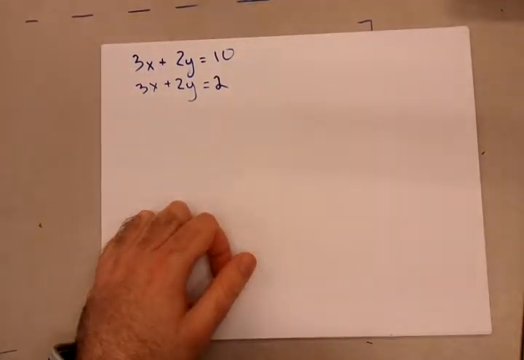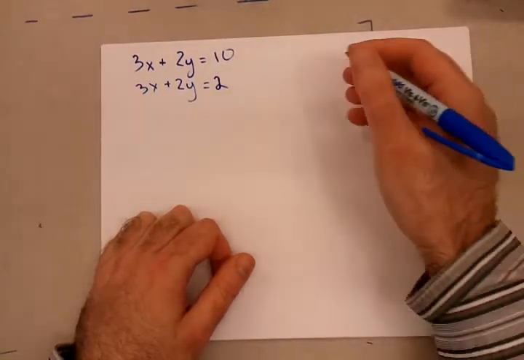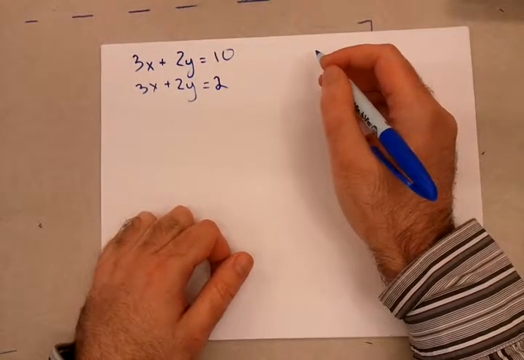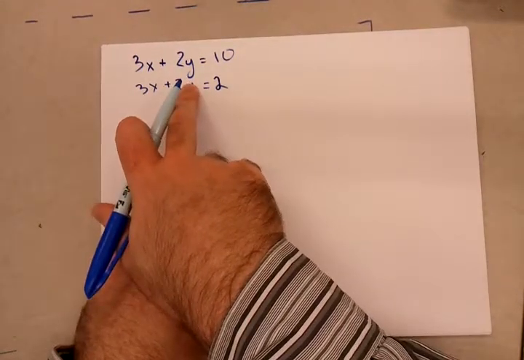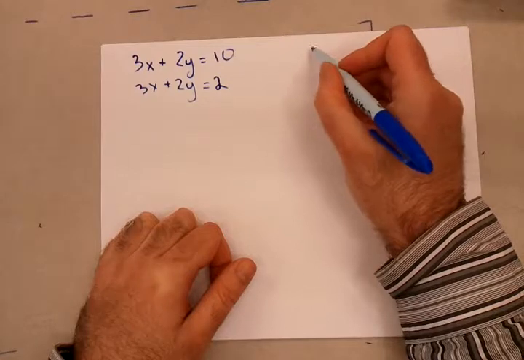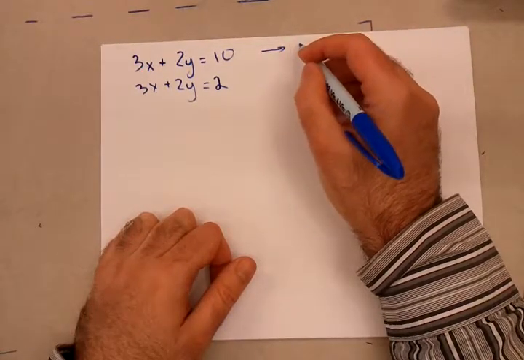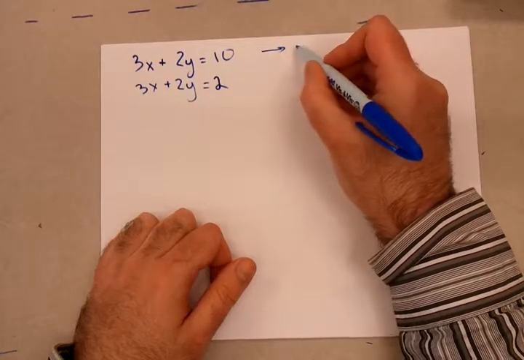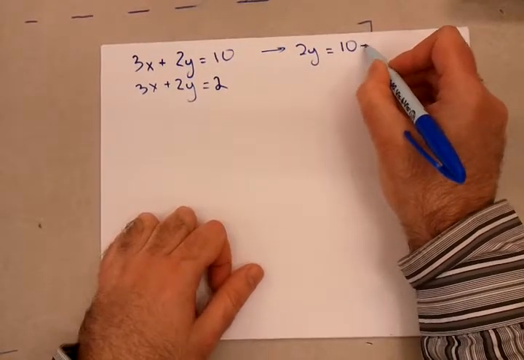To graph these equations, you need to put them in, well, you don't have to, but the easiest way is to put them in slope-intercept form, which is y equals mx plus b. So you want to solve for y in both cases. For the top equation, I'm going to subtract 3x from both sides, and if you do that, you'll get 2y equals 10 minus 3x.